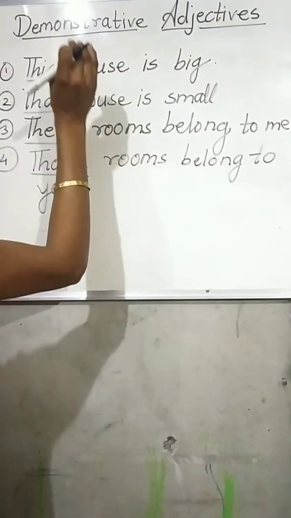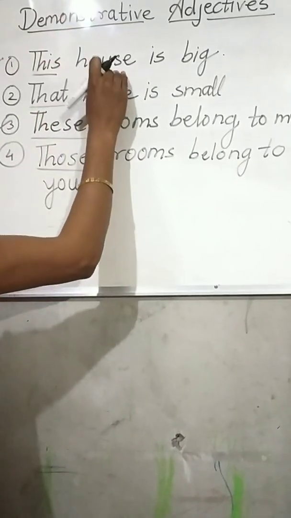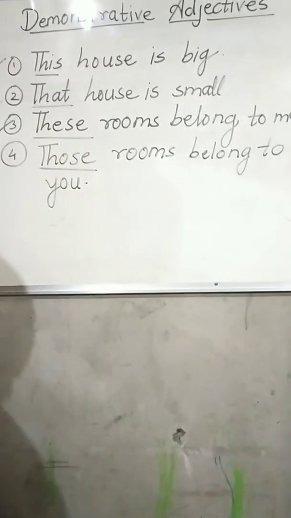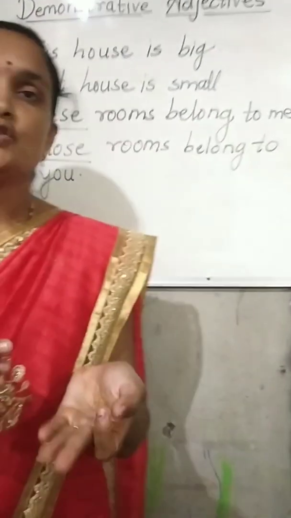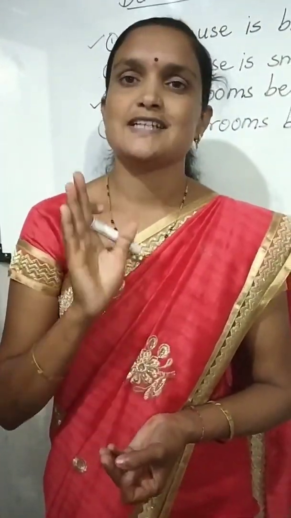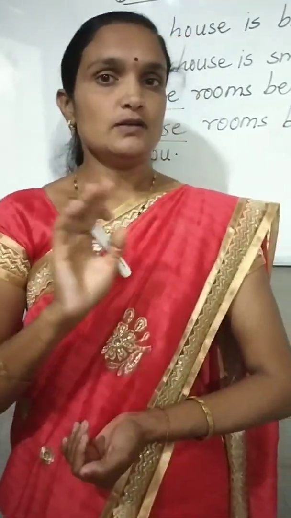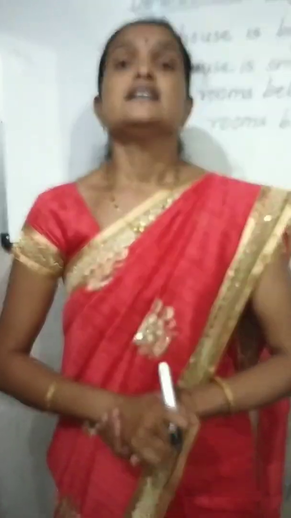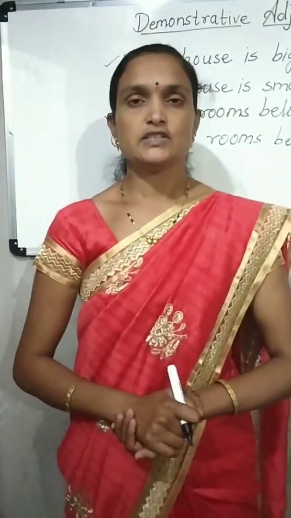It is pointing to the house. So this, that, these, those are the words which are used to show or point to something, and they are called demonstrative adjectives. Do you understand what is meant by demonstrative adjectives? The adjectives which are used to show something, to point to something, are called demonstrative adjectives.